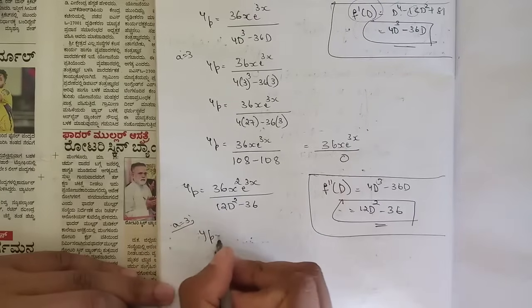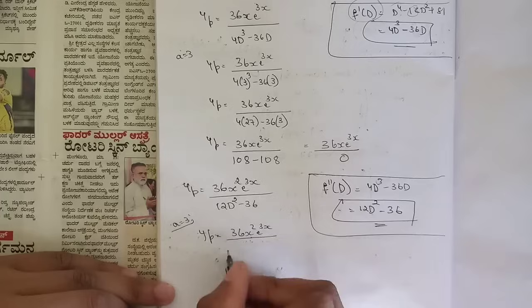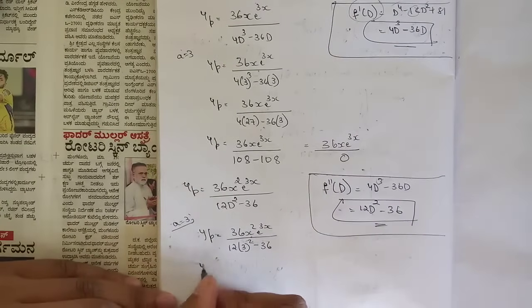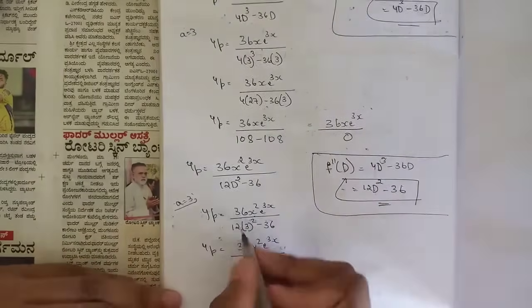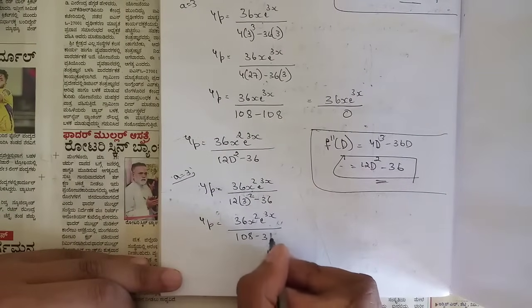The value of a is equal to 3 again. So y p is equal to 36x square e power 3x divided by 12 into 3 square minus 36. 12 into 3 square, which is 9, 12 nines are 108, minus 36.